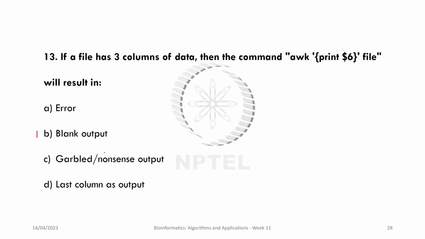Otherwise it is B. Thank you, Devangana, and Amardeep. So we're all clear, right? When you have just three columns of data, you can definitely not print something that's not available in the sixth field, right? So the only expected output is a blank output. That's right.